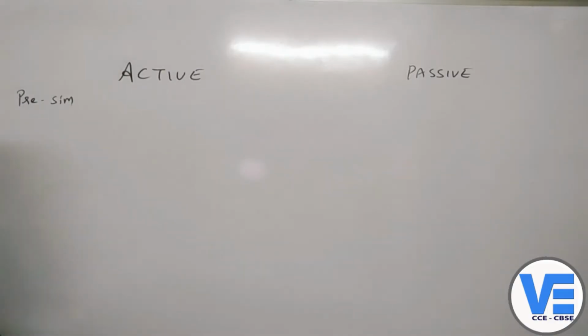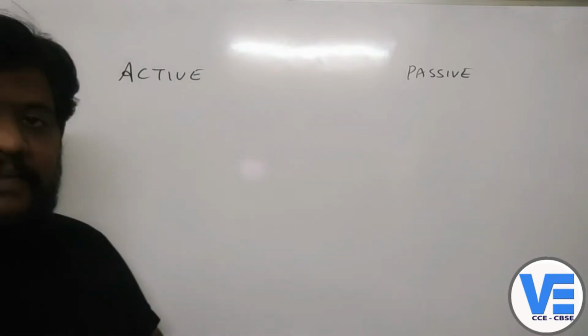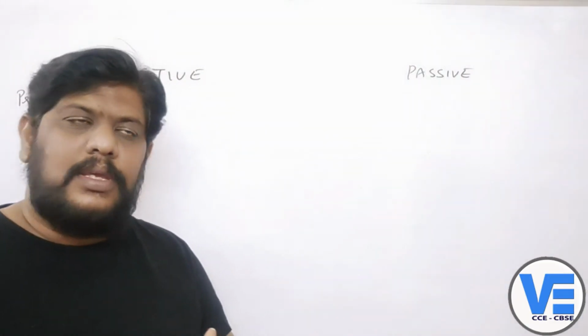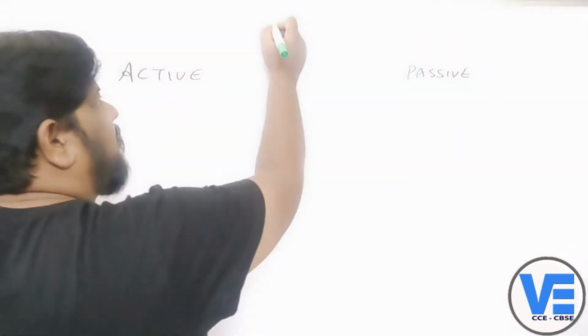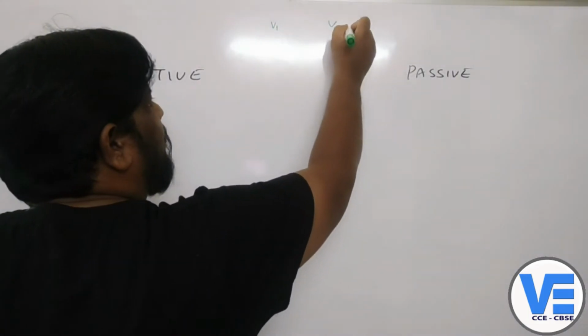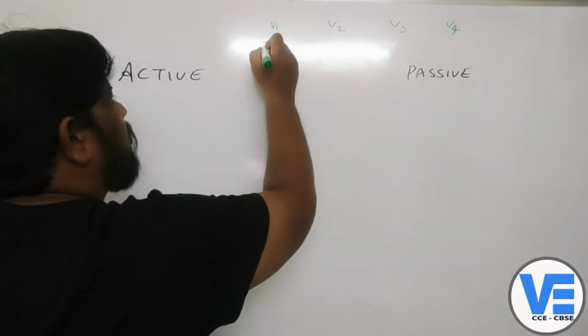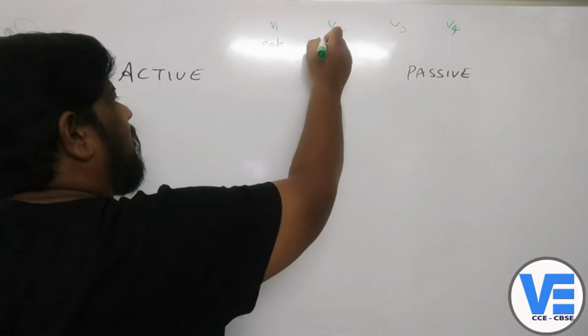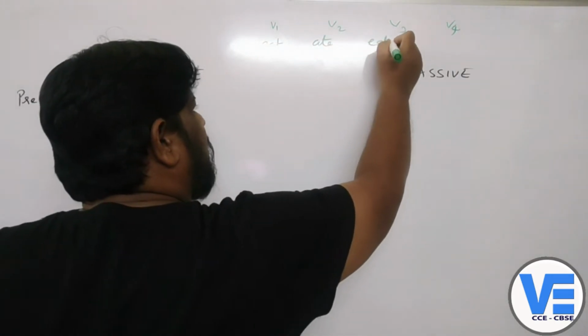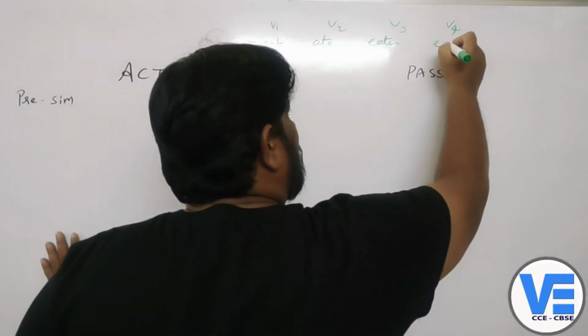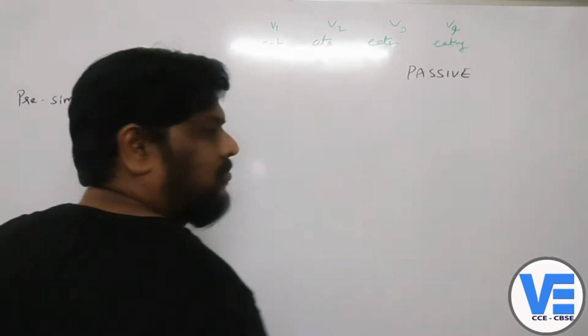Okay children, so here I am taking the example which we have taken in the tenses. Okay, so I'm writing here V1, V2, V3, V4. So I'll take here eat, ate, eaten, and eating.